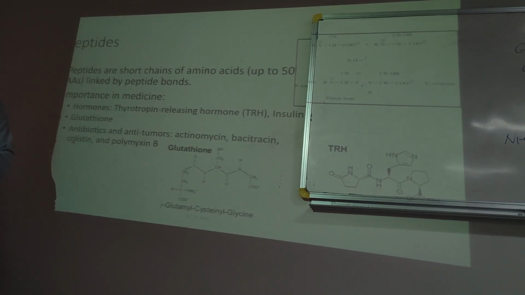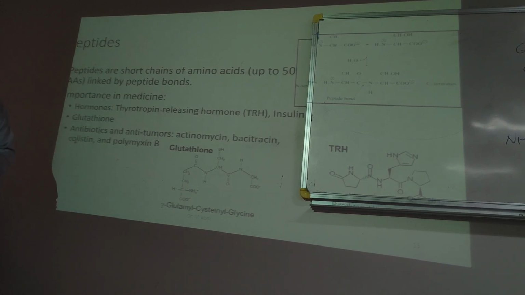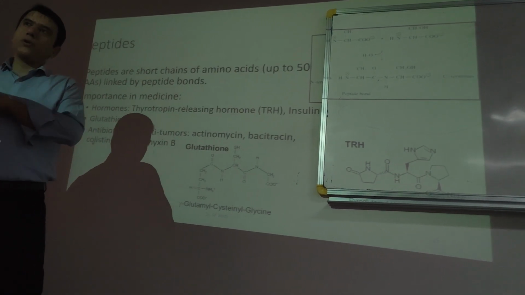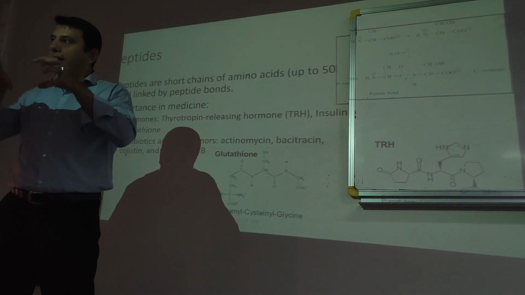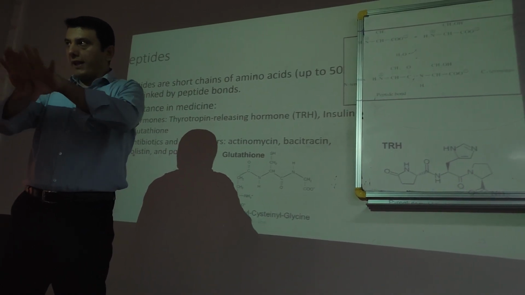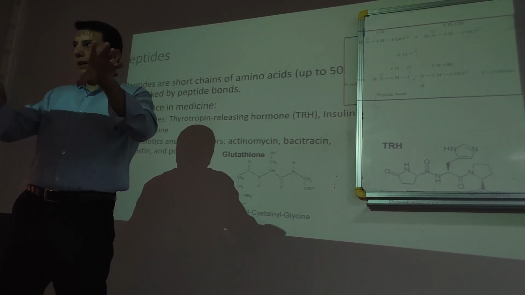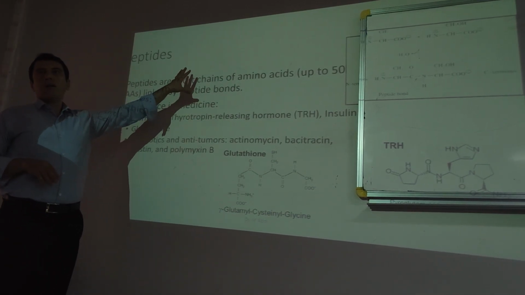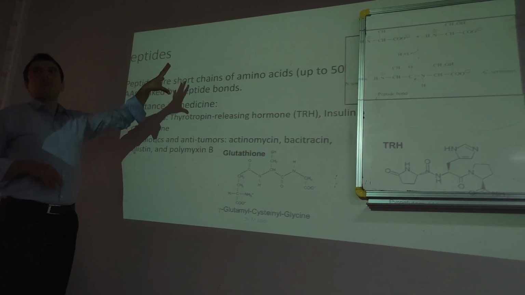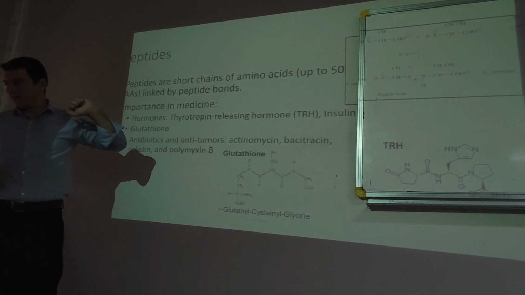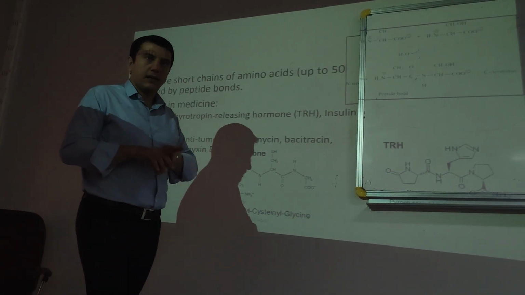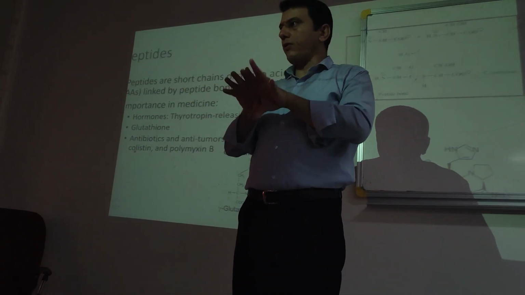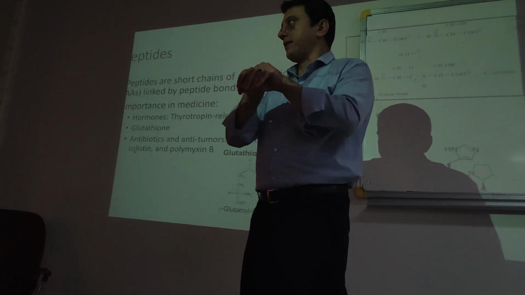Well, when two or more amino acids join to each other, link to each other, peptides are produced. So, peptides are the accumulation form of several amino acids.